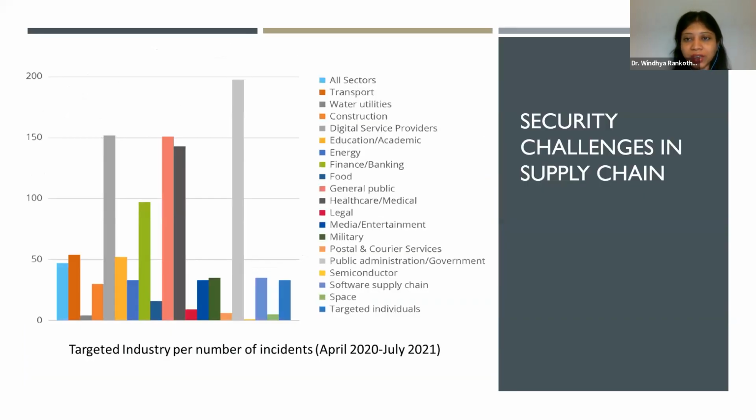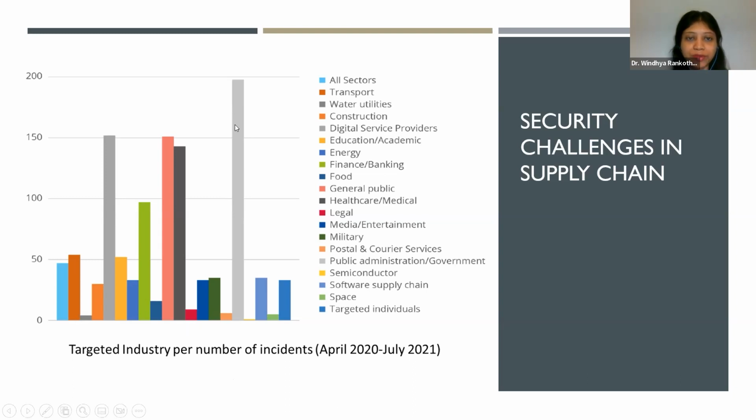If you look at the security incidents and security challenges in the supply chain, as you see in this figure, almost all sectors and industries have been affected by supply chain cyber threats. This reports the number of incidents in different industries.